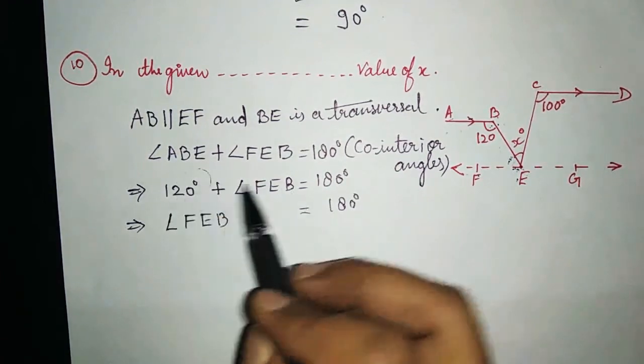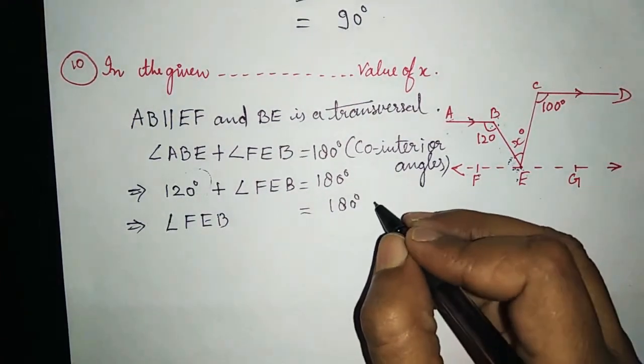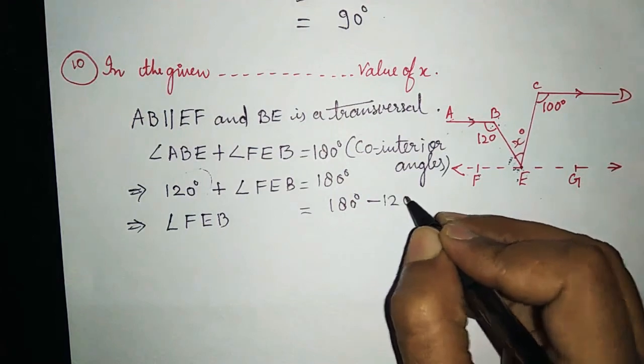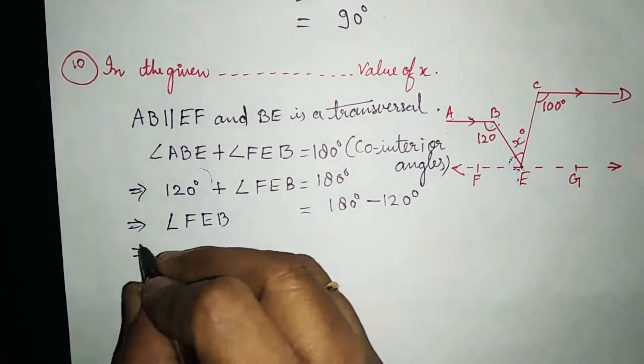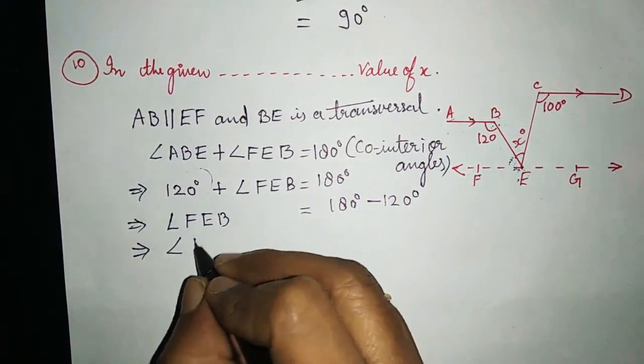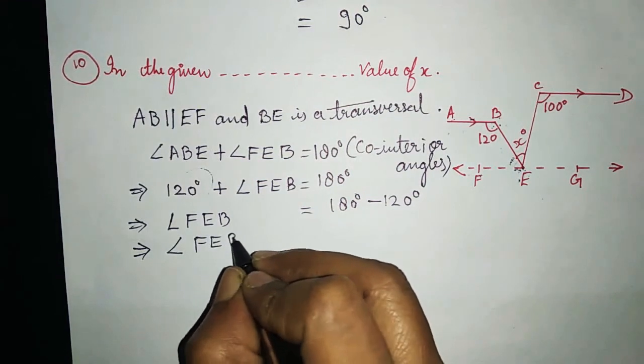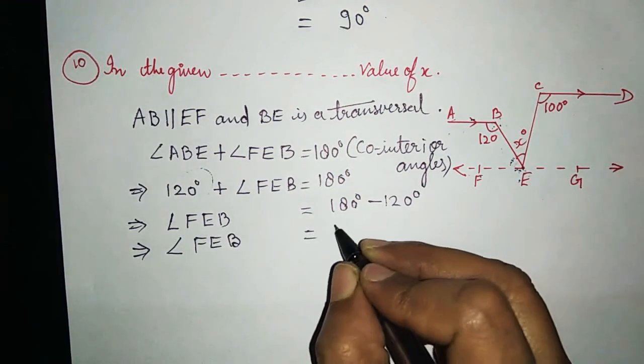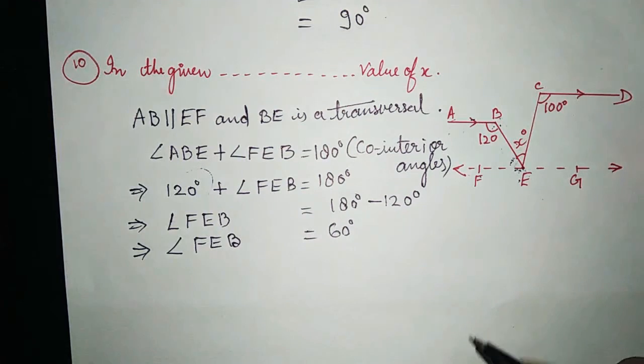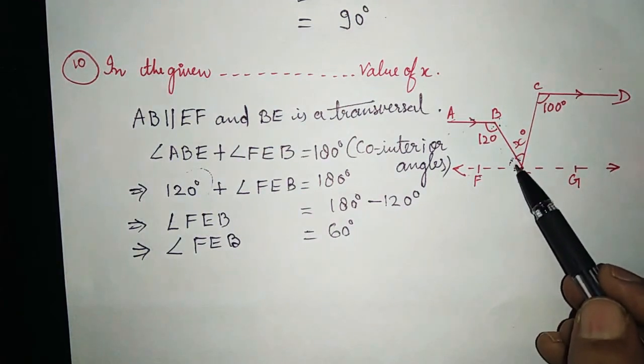Now this 120 we will transpose from the left hand side to the right hand side. Here minus 120 degrees will come and we will get FEB equals 60 degrees. Now we have got this measure.